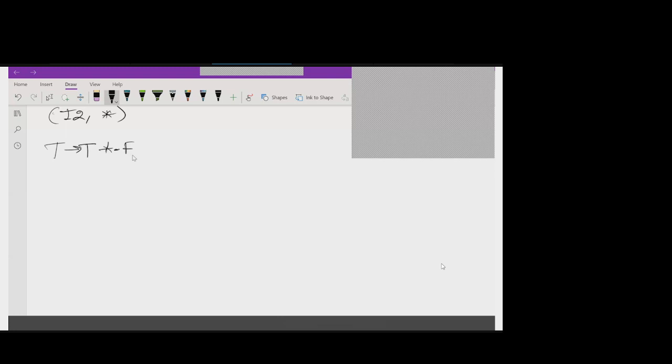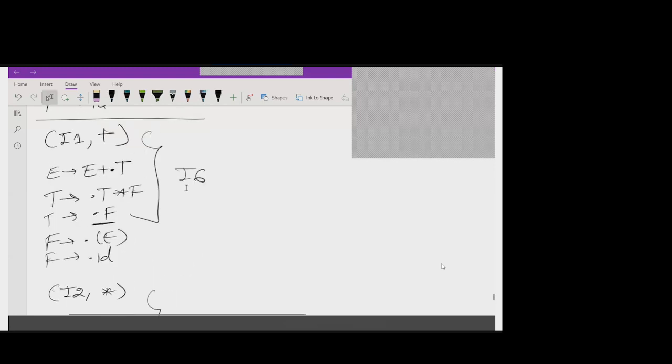So you have to include productions of F also. So F gives dot E, F gives dot ID. This will be your I7. Till now this is clear? Say yes or no. Okay. Now I2 is clear?